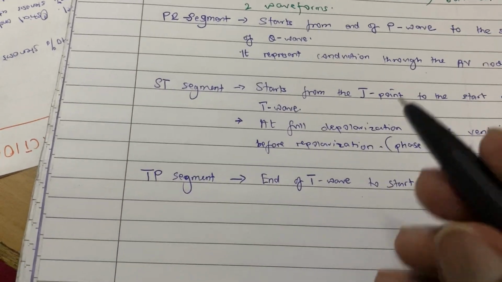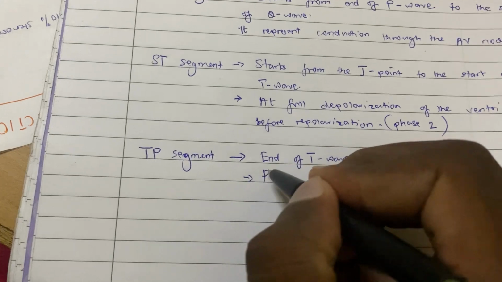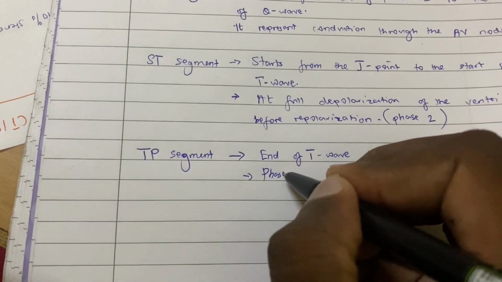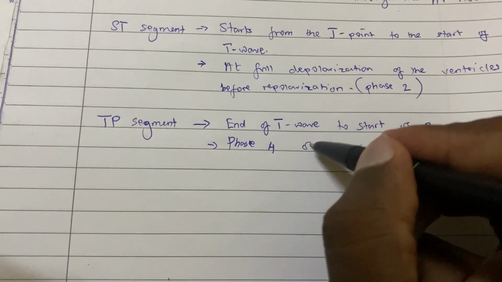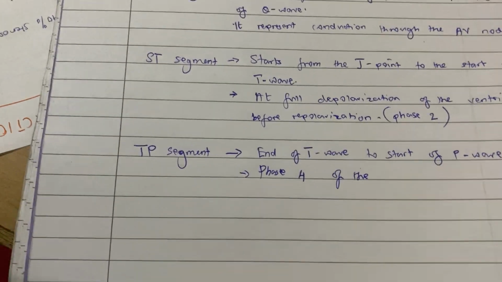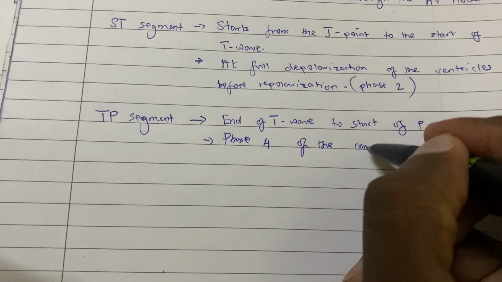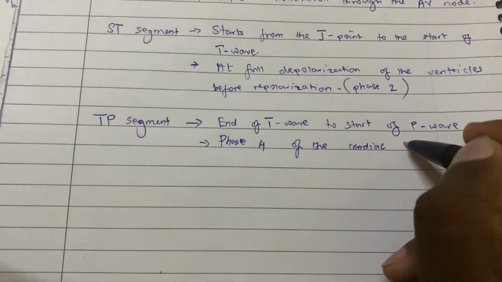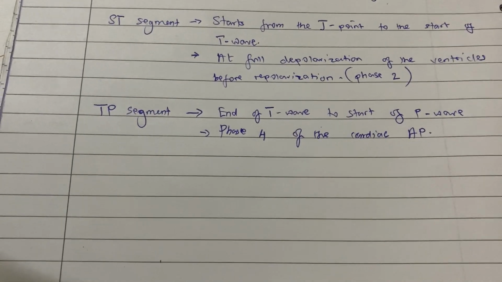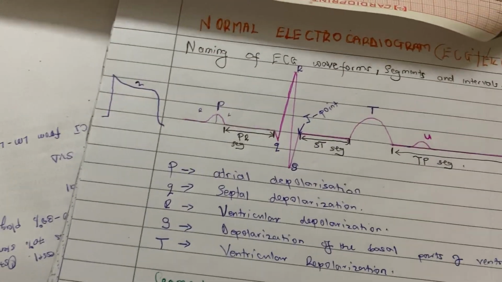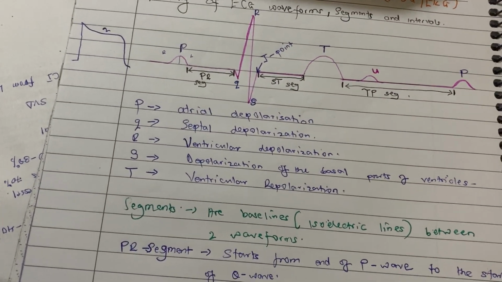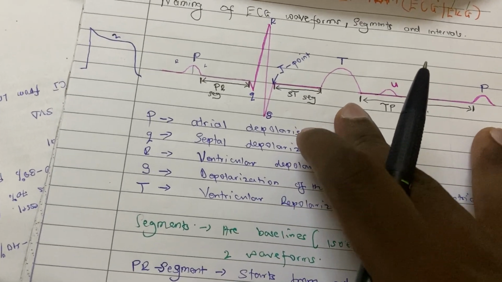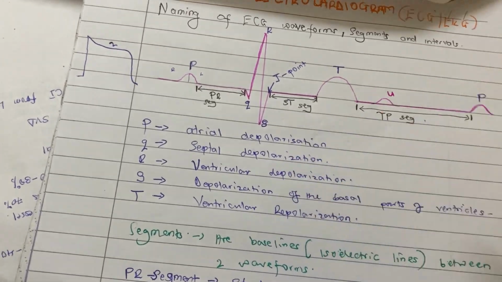What does it indicate? It represents phase 4 of the cardiac action potential. That is what it represents. Before we depolarize the next time, or we generate another impulse from SA node, we are on phase 4. So phase 4, it is TP segment.